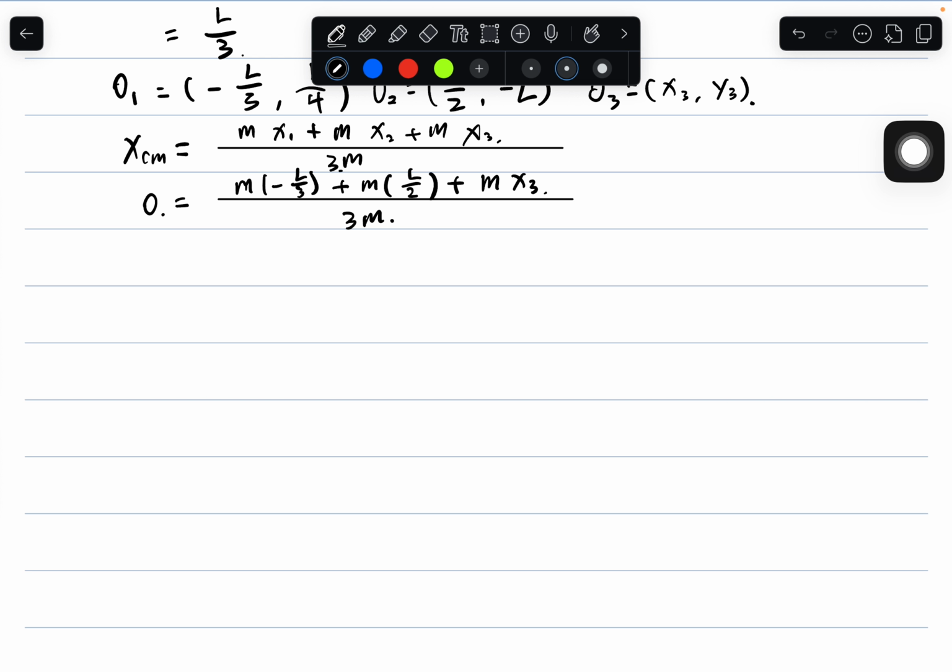All the m's cancel out, and we do not have to divide by 3 because it's 0, so only the numerator: 0 equals negative 3L plus 2L plus x3, so x3 equals L over 6.